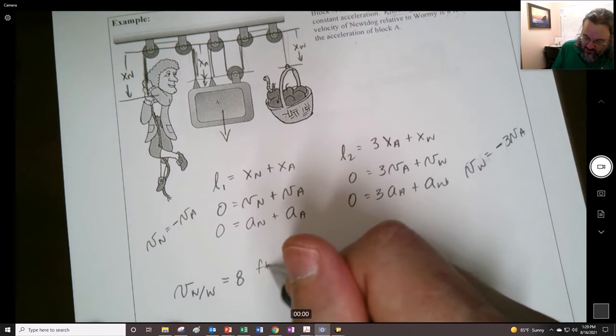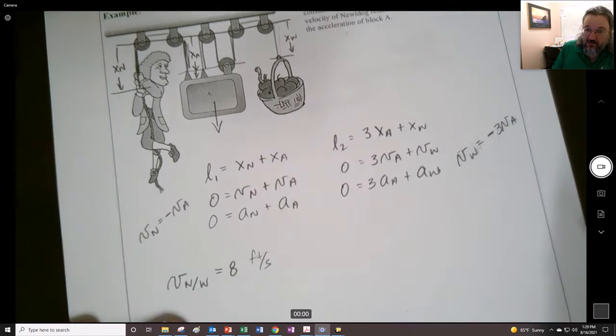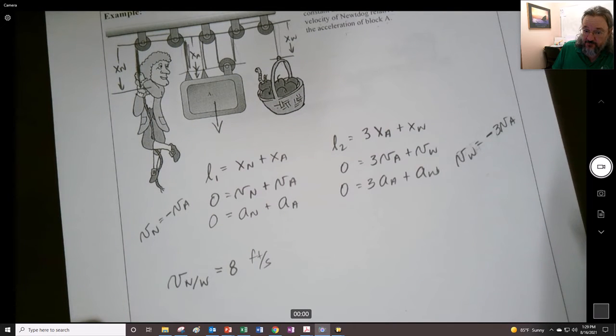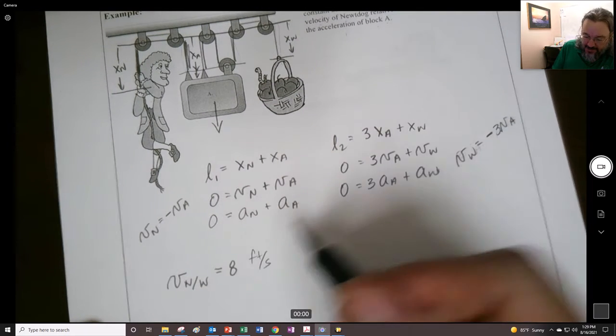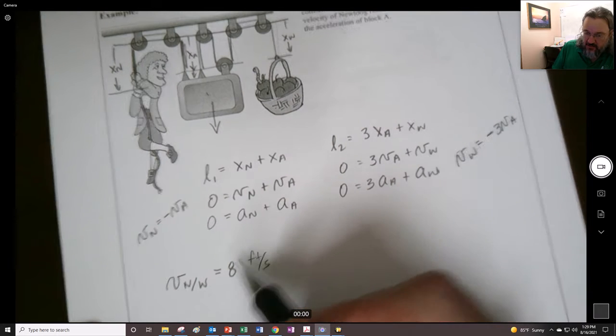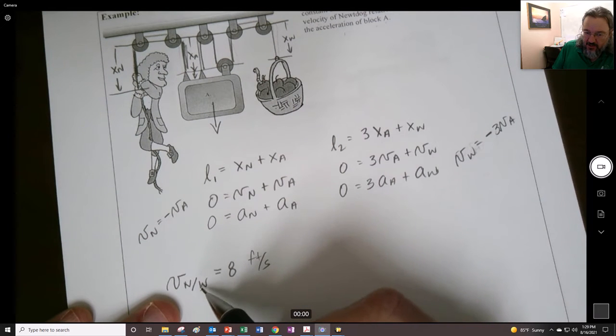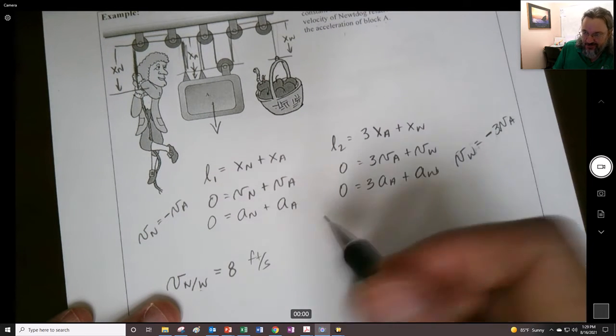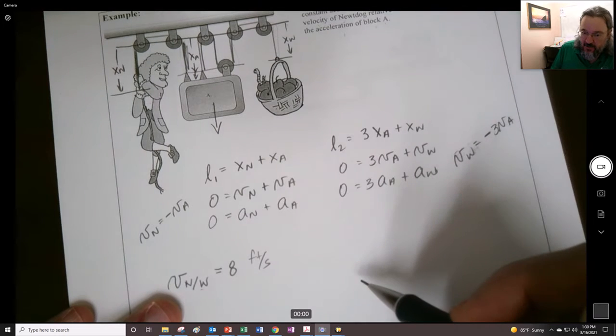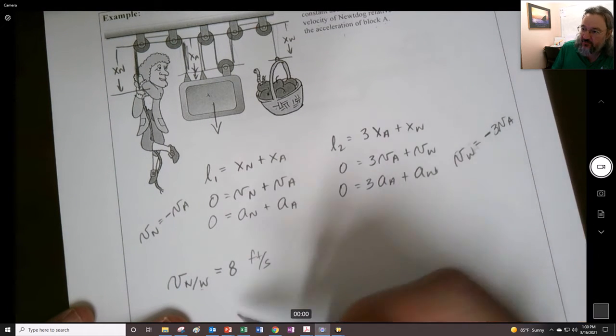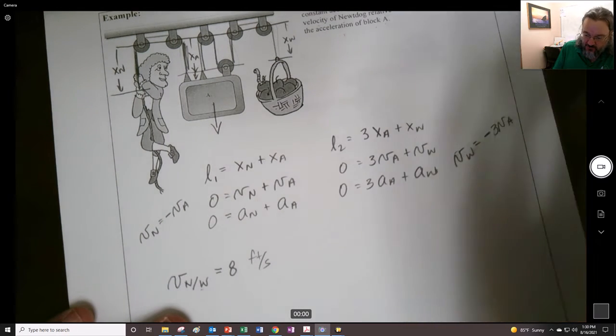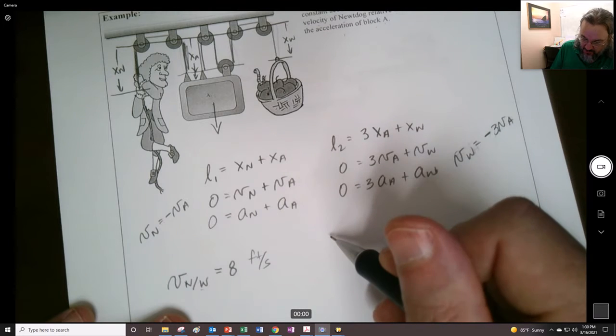But we don't know whether that's positive or negative necessarily, right? We can, though, write out that this right here is equal to this after 5 seconds. So we can figure out what the acceleration is of these two with respect to each other.